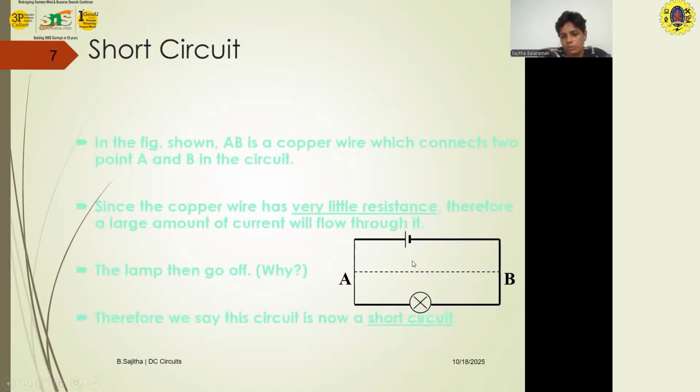As per our assumption, the current flows here also, and it should flow here also. But why is the lamp not getting the current? We'll discuss that in the forthcoming sections. This is called a short circuit. In the short circuit, after this low resistance line, there will be no flow of current at all. Hence, this lamp gets turned off.